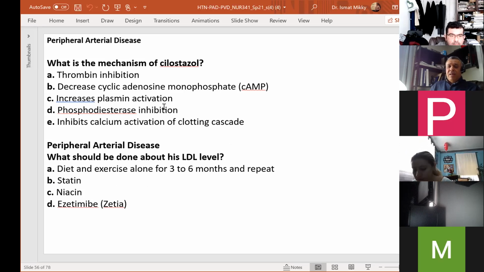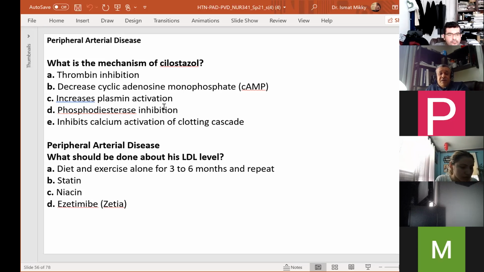What should be done about the LDL? Because the LDL is higher than 100, the patient should be prescribed a drug to lower the hyperlipidemia, which is B, statin. Niacin can do it, and Zetia can do the job, but they're not as effective as statins.